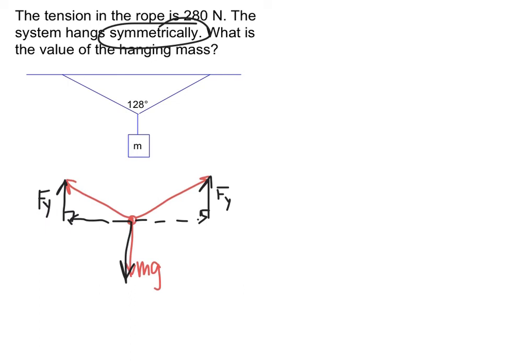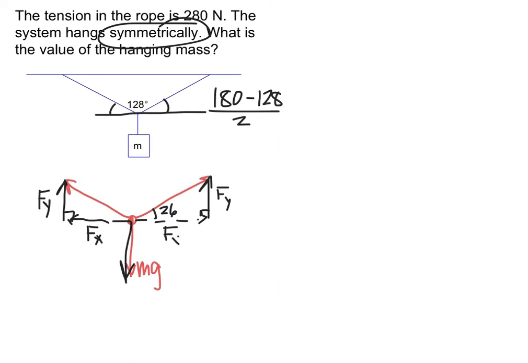Since this is 128 on the original problem, if I take 180 minus 128 and divide that by 2, it'll tell me what the angle is on both sides, again, because it's a symmetrical system, and this comes out to be 26. Now, it would actually be true that the f of x forces on both sides would also equal each other.